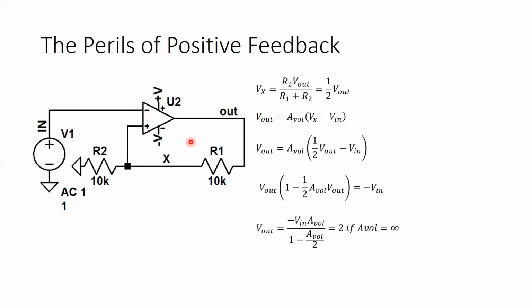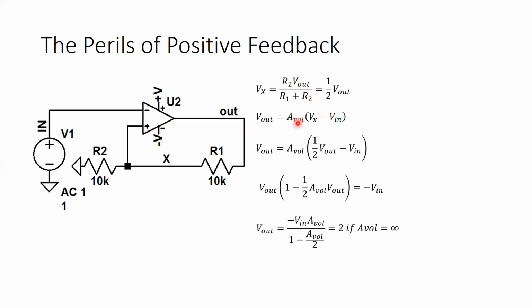Well, here, I have V out, I have 2 resistors, and I have positive feedback. Oh, okay. Let's analyze it, right? If you say this doesn't work, well, let's prove it. All right, Vx equals the voltage division of V out, R1 and R2. So Vx equals 1/2 V out, just from voltage division, and it's an ideal op amp.